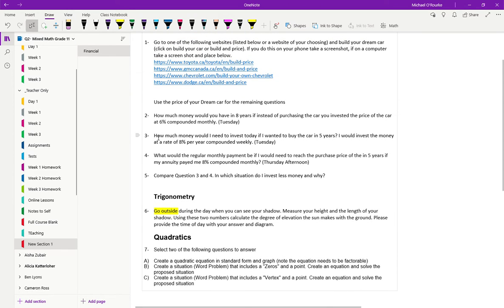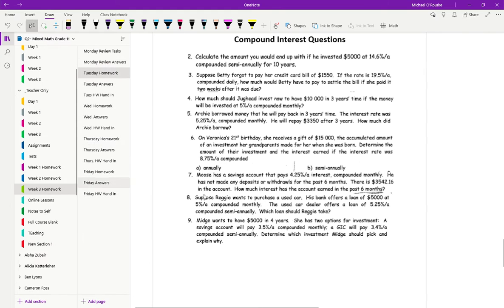So the other question, number 3, is how much money would I need to invest today if I wanted to buy the car in 5 years? Okay. Let's go back to our homework. So we're looking how much money do I need to invest today? Right?